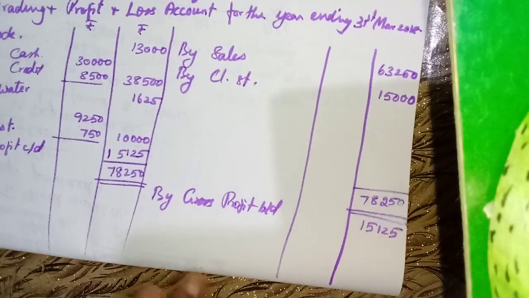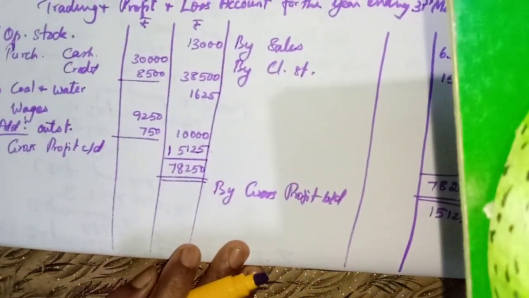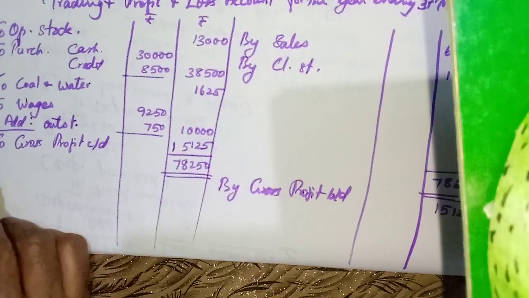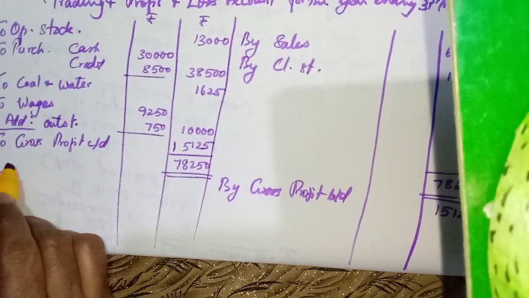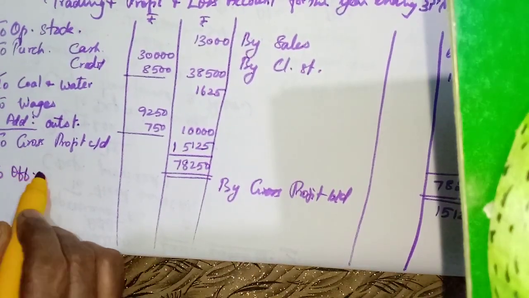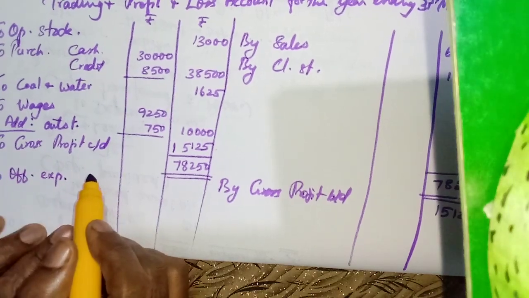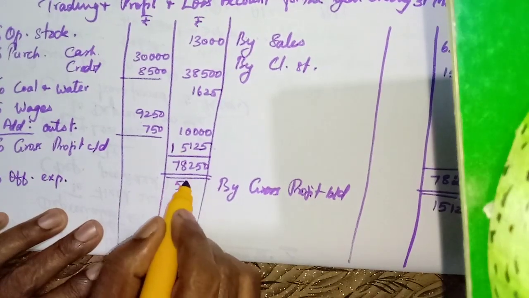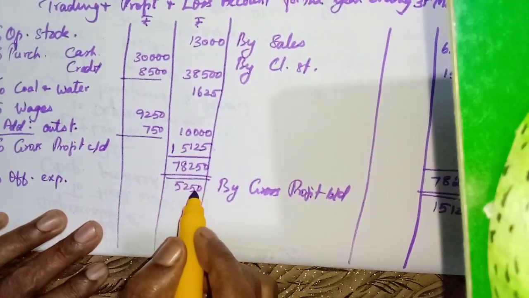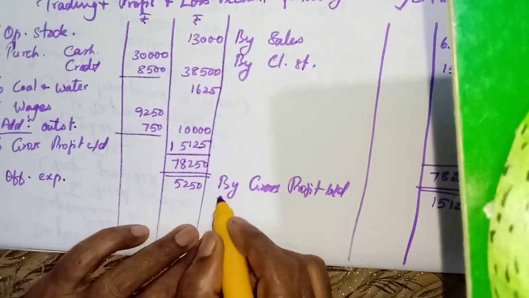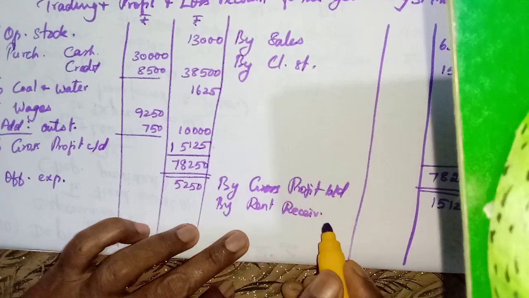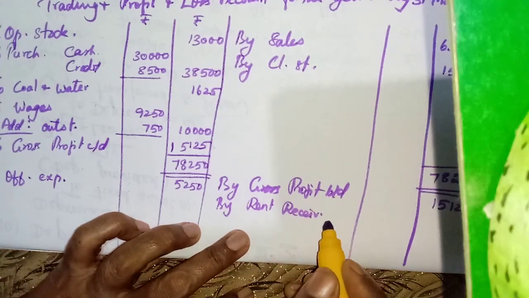15,125. Now we will write the profit and loss account items. From the top we have to come. Sales, bills receivable, coal, water, office expenses. For office expenses, we have to see if any adjustment is there. Office expenses, no adjustment, 5,250. Then rent received, there is no adjustment, isn't it?